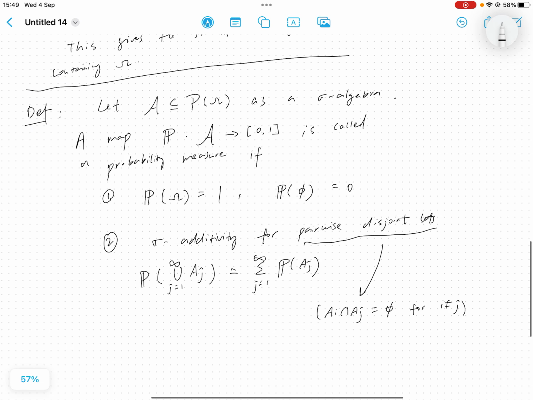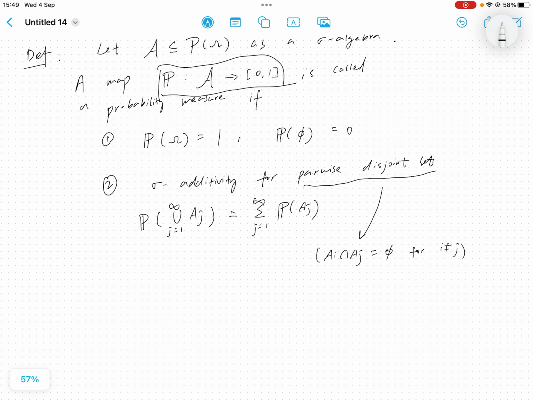This is all of the requirements for this measure, for this function. So this is just a function, essentially, and these are the conditions for it to be a valid probability measure. And this is very straightforward, right? We can consider some examples later to show the basic properties of probabilities.